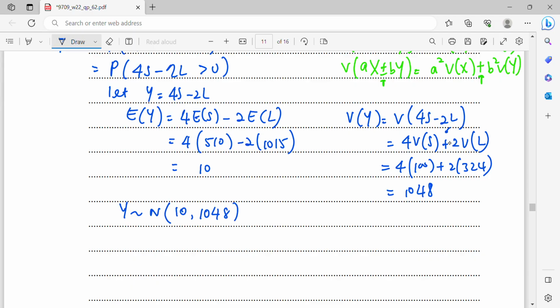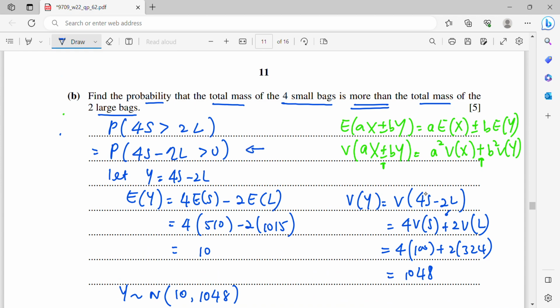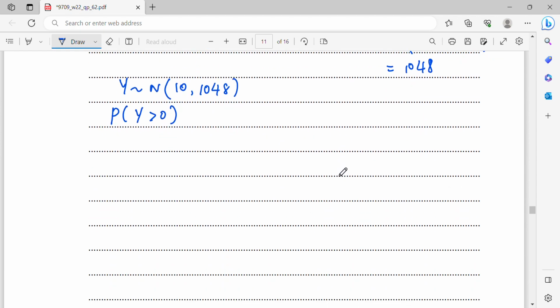And now I need to count P(Y more than 0), based on the previous. Since Y is normally distributed, we need to standardize. So P(Z more than 0 minus 10 over square root of 1048). Then you will get P(Z more than negative 0.309).